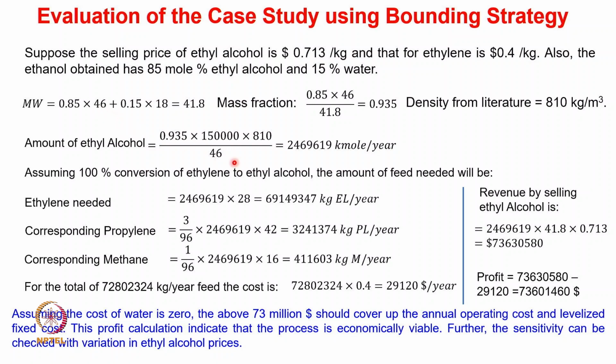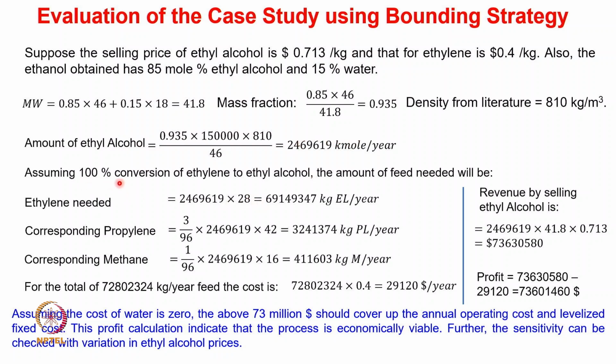So that gives us 2469619 kilomole per year. So this many kilomole per year of ethyl alcohol is required.